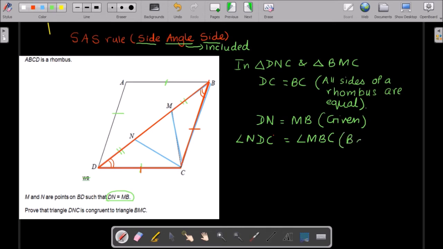So the reason for this is base angles of an isosceles triangle are equal.